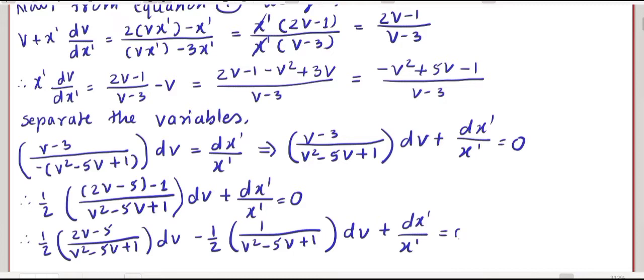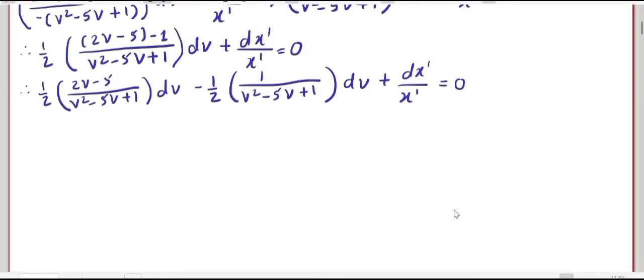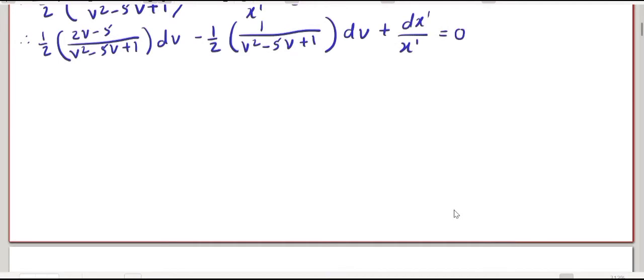is equal to 0. Now we have to take this term as it is, but add and subtract here 25 by 4, so that we get the value of v square minus 5v plus 25 by 4 as (v minus 5 by 2) square.